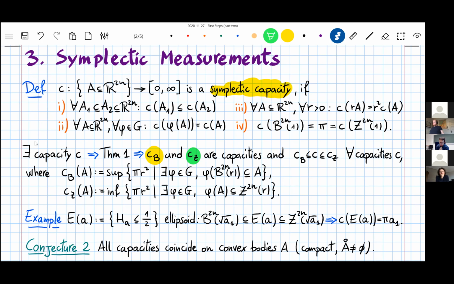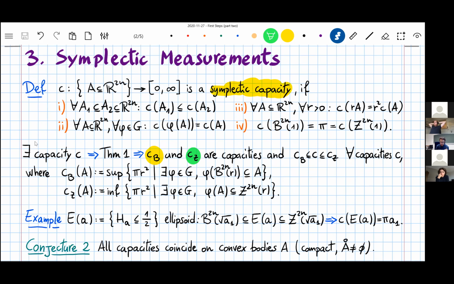And actually, from the definition of capacity, it follows that all other capacities will lie in between CB and CZ. Okay, because I didn't mention it explicitly, but we are not saying here there is a unique capacity, we are just giving some definition. And then there might be more than one capacity.